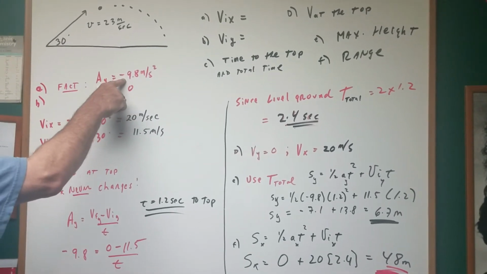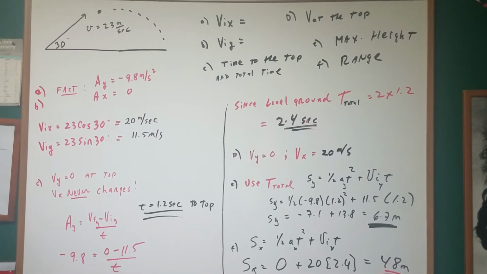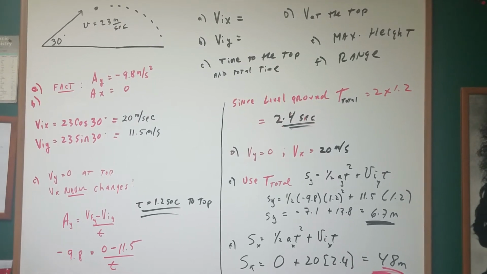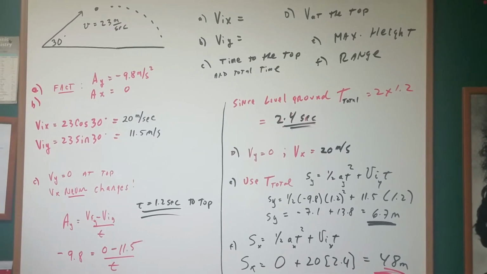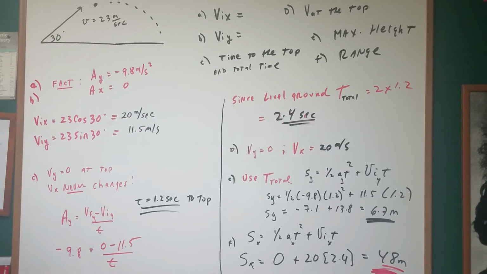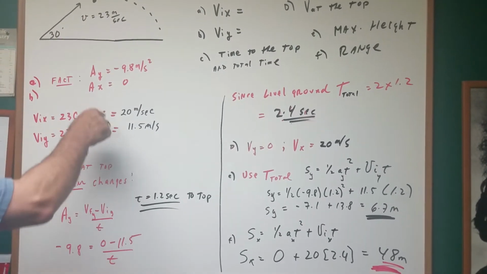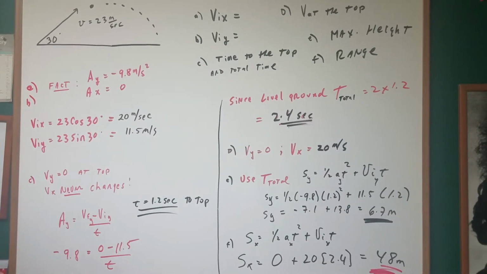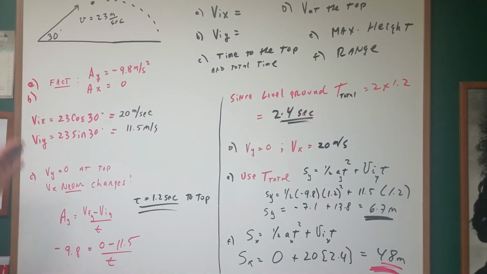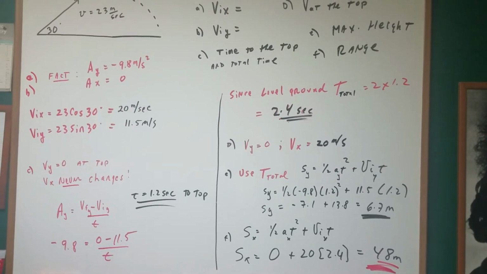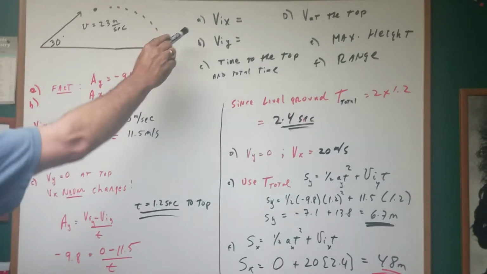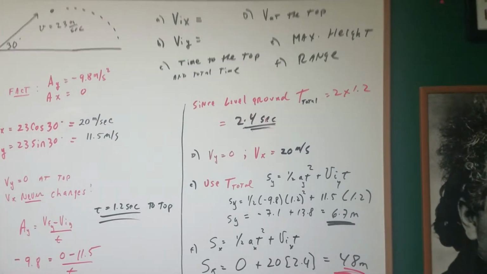So it's going to be in the y direction, and it's always going to be negative 9.8 meters per second squared. I'm going to use that number here on the actual exam. You can use minus 10. And because it's just going downward, the acceleration in the x direction in problems in projectile motion, ax would equal 0.